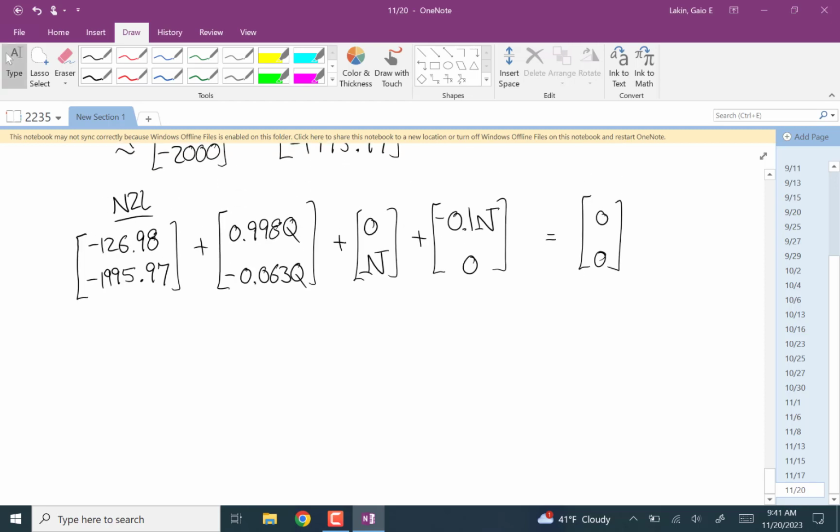Okay, so you got two equations for two variables. The first one, you got 0.998 Q minus 0.1 N is equal to 126.98.